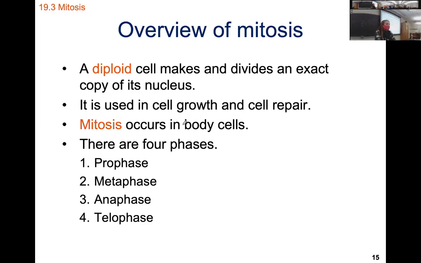A diploid cell, so the cells in our body, we make and divide an exact copy of the nucleus. Okay? So this is kind of like you're taking those skin cells to the copy machine and you just hit copy, and it's shooting out identical copies. Meiosis is where we start to get a little bit of that genetic diversity.